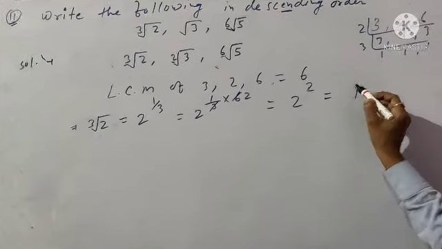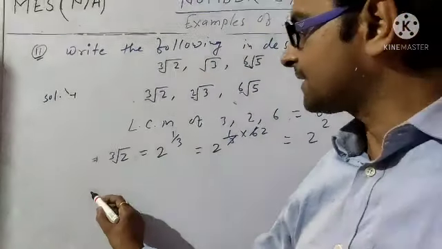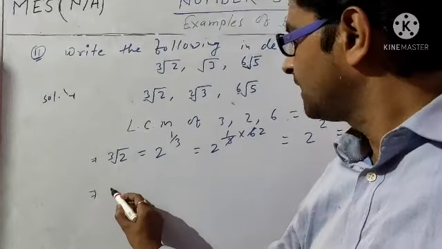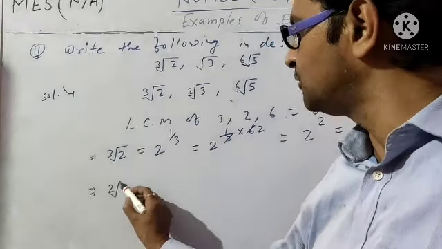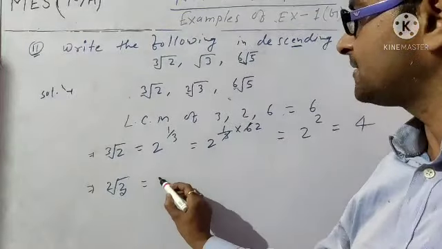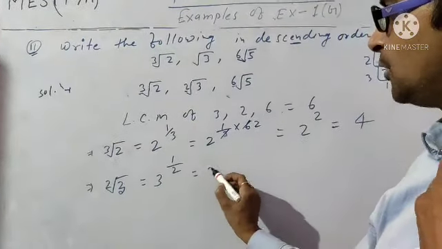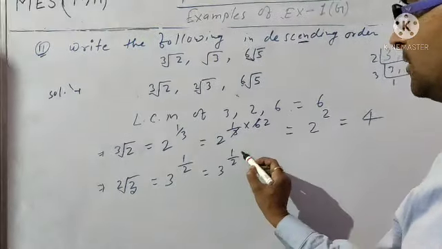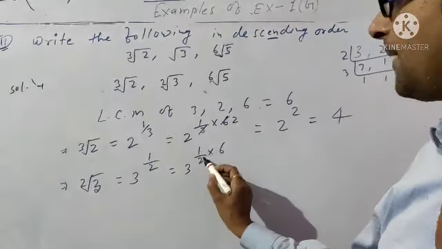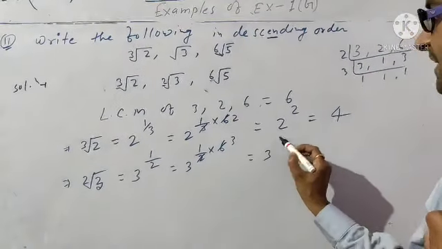Then this value is equivalent to 4. 2 to the power 2 is equal to 4. Take the second value, the square root of 3. Then this value is equivalent to 3 to the power 1 by 2. Again the LCM value is multiplied here, so 3 to the power 3.